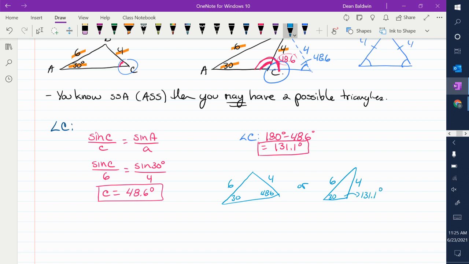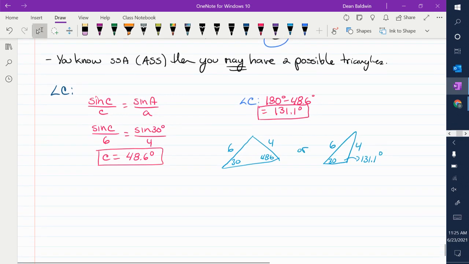Okay? So in this case, you have two solutions. I can draw it this way, or I can draw it this way. That's why when we did the question at the beginning of class, Hunter got 78 or 79, whatever it was, and everybody else was getting 101 or something like that. It was basically 180 minus that number. Okay? That's why they had those numbers, right?